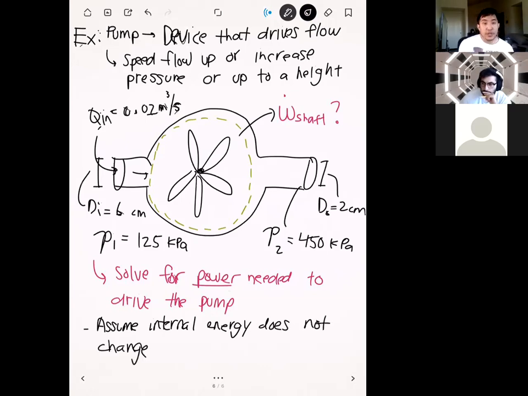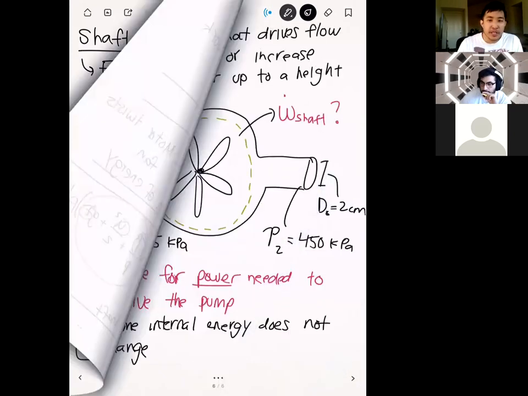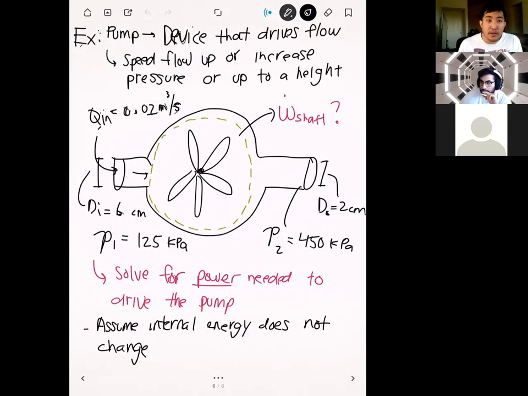And so if the internal energy does not change, then that term, that E_int that we have at the beginning of here, we can assume there's going to be no change, so we can cancel out that term. Okay. And so remember, internal energy is a way to express the temperature of the fluid. So unless it actually tells you that the temperature is changing, then you can assume the internal energy does not change. And most of the time, if you don't have any heat transfer, you can say that changes in internal energy are going to be pretty negligible.